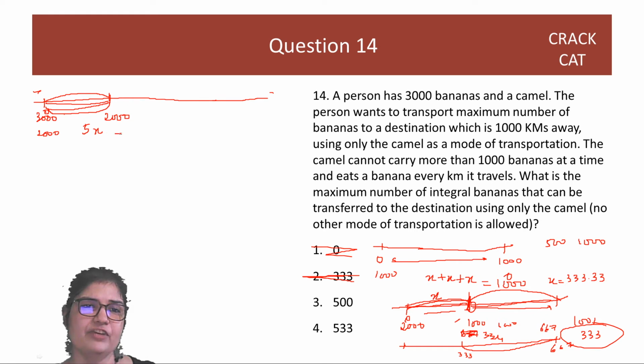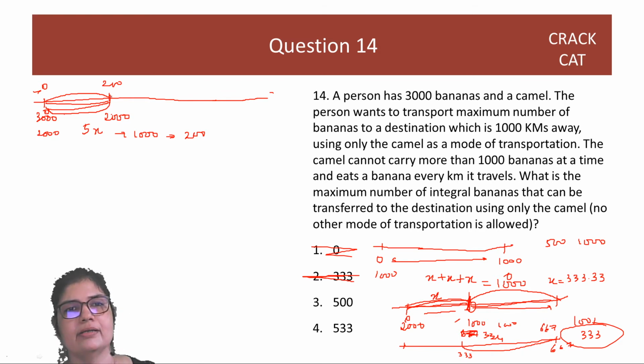So in 5 trips he has eaten 1000. So your X has to be 200. So this point, right, this is point 0, so this is point 200. So already now you have 2000 bananas here, and you are 200 kilometers closer to your destination of 1000.